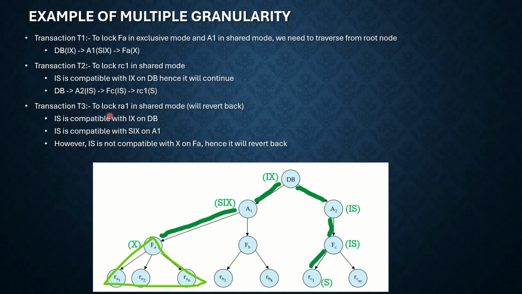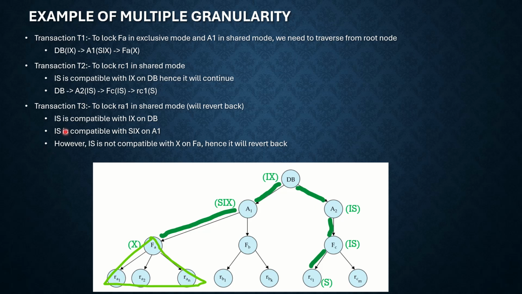Now transaction T3 comes. What does transaction T3 want to do? It wants to lock RA1 in shared mode. But it cannot, because transaction T1 already holds the exclusive lock on these data items, so it should not be able to take the shared mode lock.